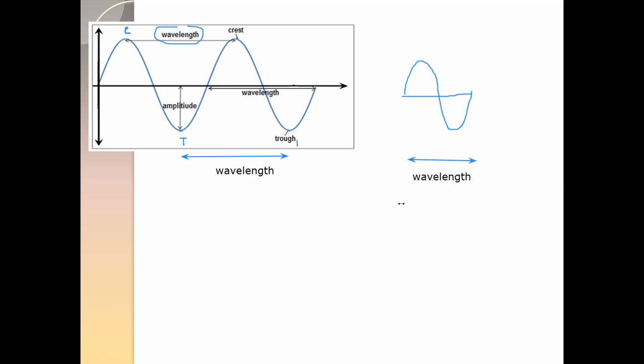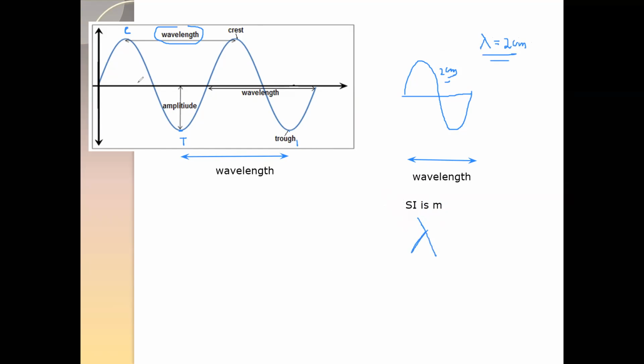Because it's a length, the SI unit is meter, and it is denoted by the Greek letter lambda. For example, if I say the length of this wave is 2 centimeters, the wavelength is 2 centimeters, and I write lambda equals 2 centimeters. Is it clear? This is the wavelength, or length of one wave.